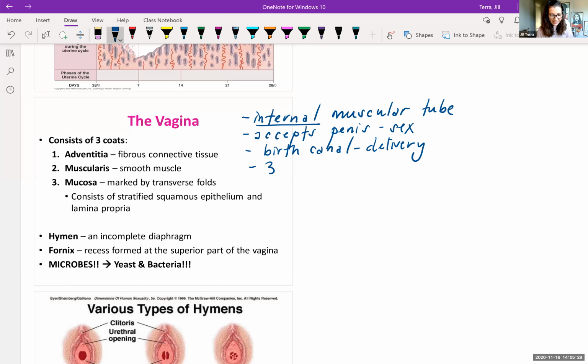The 3 layers of the vagina. This probably sounds super familiar to you. The most internal layer is the mucosal layer. So it is mucosa, so that means that there is mucus being secreted by specialized epithelial cells.